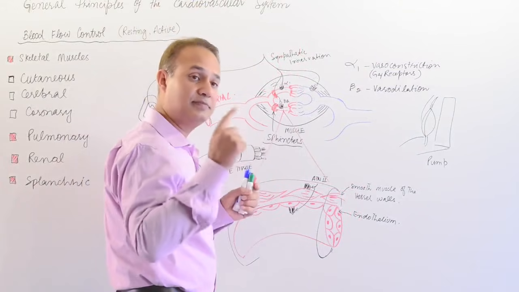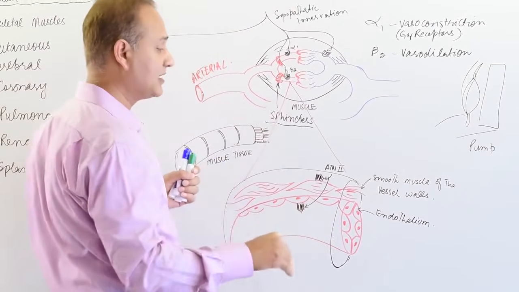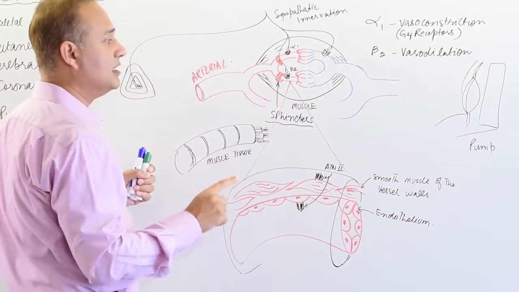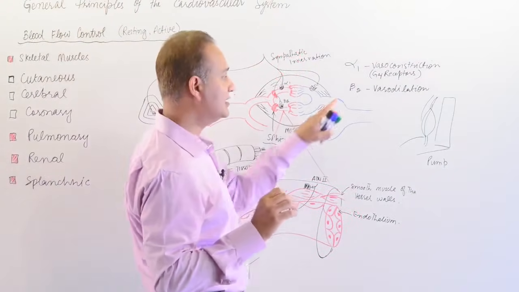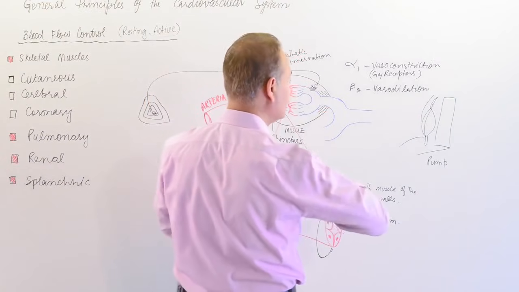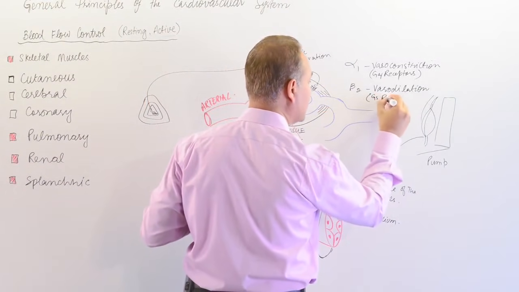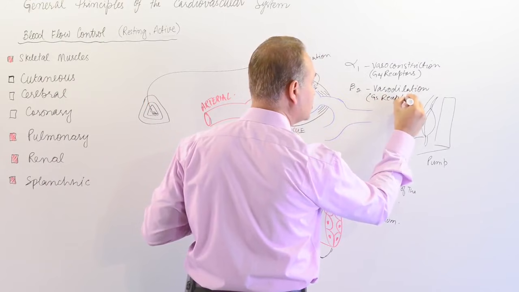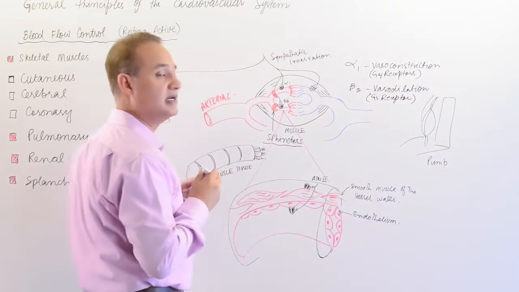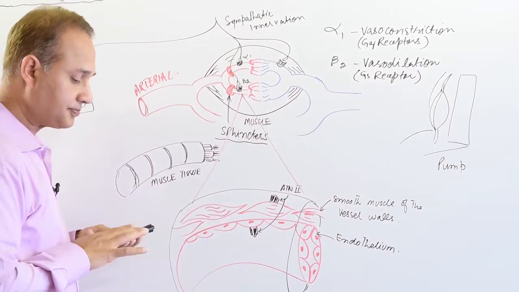Beta 2 is also a sympathetic receptor. It also is innervated by the sympathetic nerves. However, the effect of the beta 2, it is a Gs connected protein. It is a G stimulatory protein receptor. And when the beta 2 receptor is stimulated, it causes vasodilation.